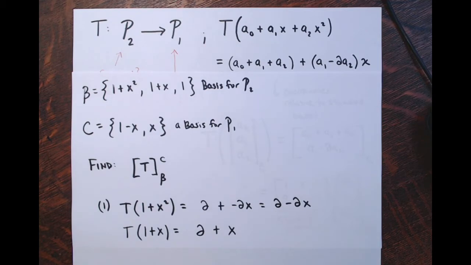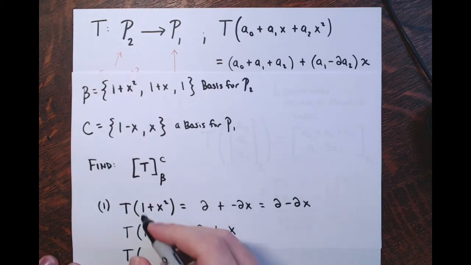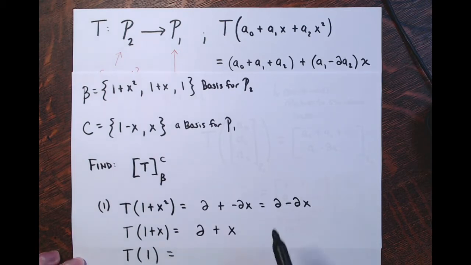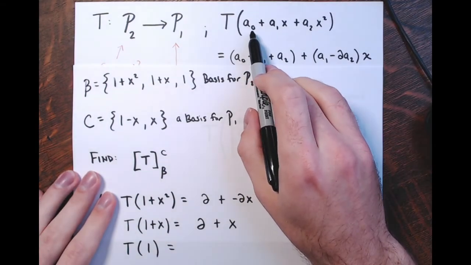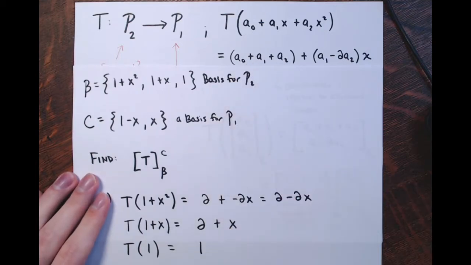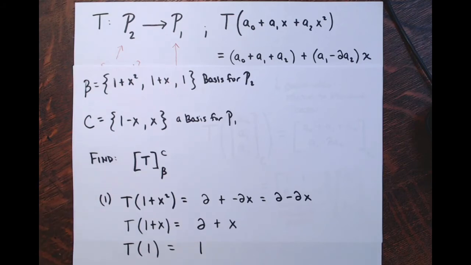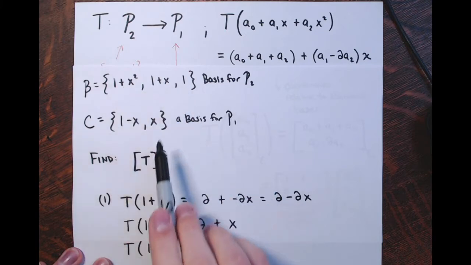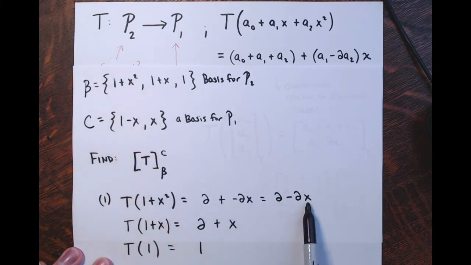And then what's T of the third basis vector from the domain, T of 1? Well, that means a0 is 1, and a1 and a2 are both 0, so T of 1 is 1. So the first image of the basis vectors of B is 2 minus x, the second image is 2 plus x, the third image is 1.